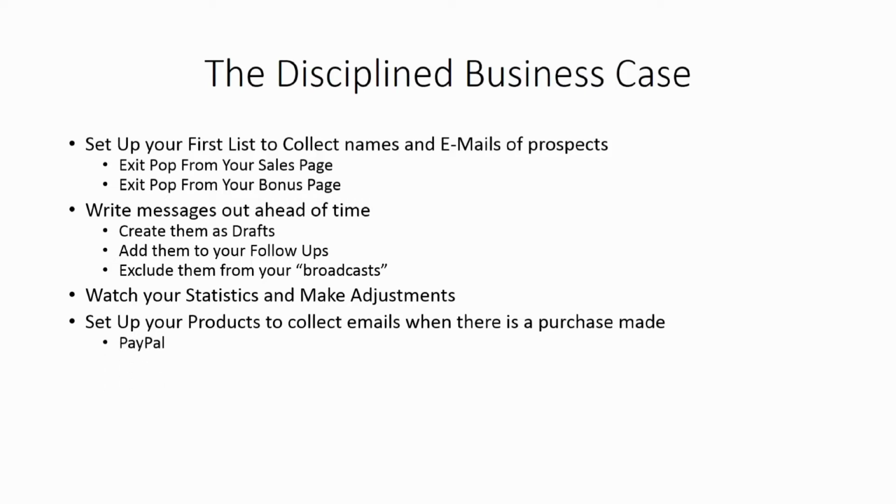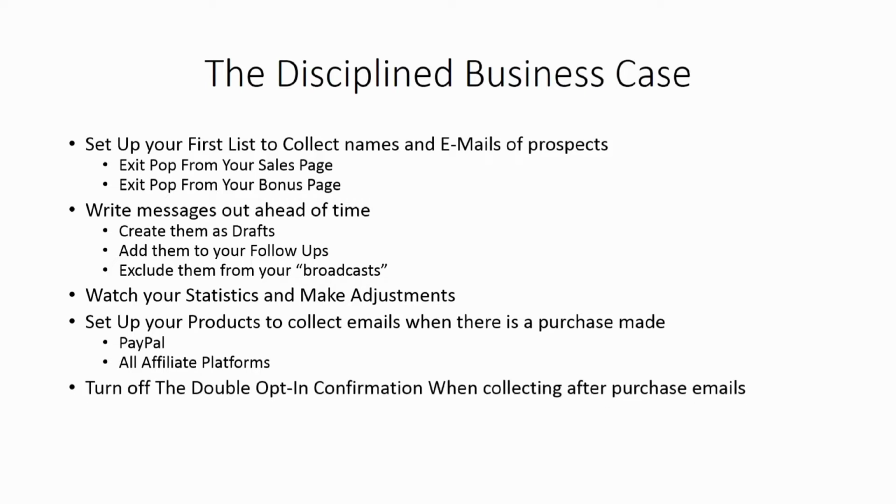That means you're going to have to set that up with PayPal, and you can do this with all affiliate platforms. Now, the other thing you need to do, and I think I talked about this in the advanced course, is make sure you turn off double opt-in confirmation when you're collecting purchase emails, right? After purchase, there's no need for you to double opt-in.